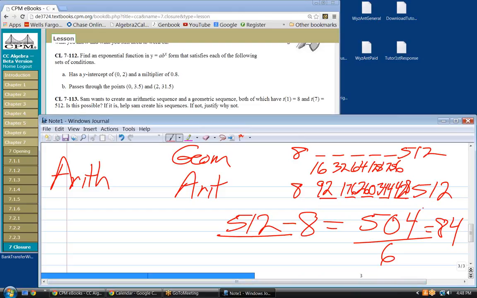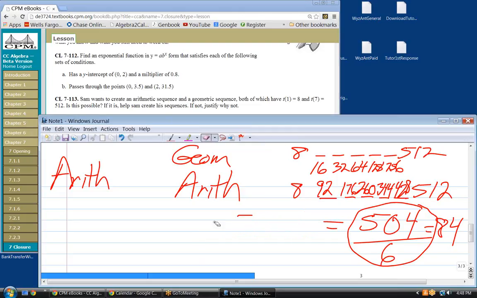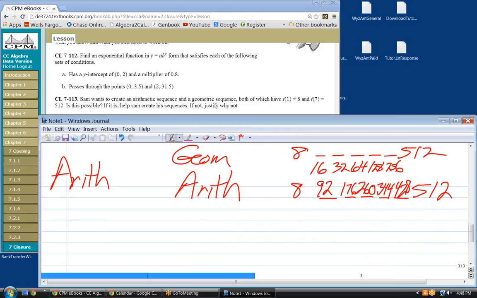Now, knowing to do precisely that, you have to fool around with sequences for a while before you figure out that you've got to divide it by 6 and not 7. Because whatever my common difference is here, let's go through why I did that. D is what usually represents the common difference.